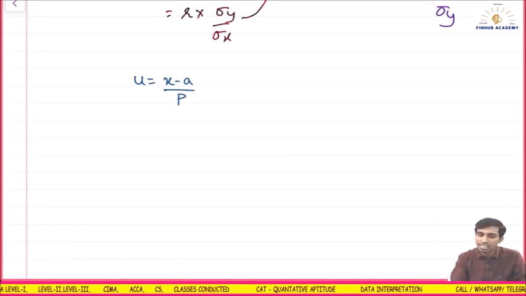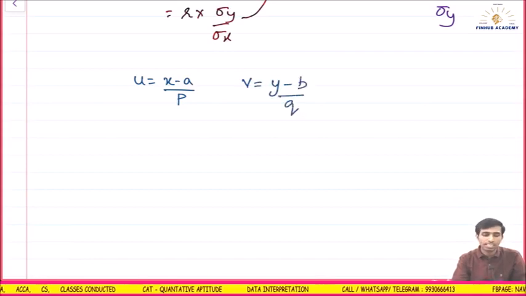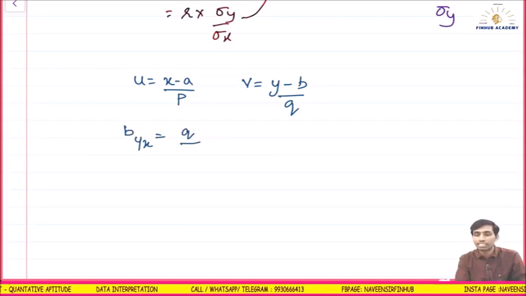In the same way I gave you one more equation, v is equal to y minus p upon q, something like this. Anyway, a and p do not affect b, so b y on x is related to q, because y is related to v.